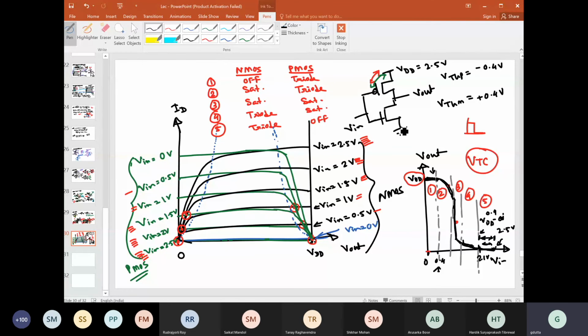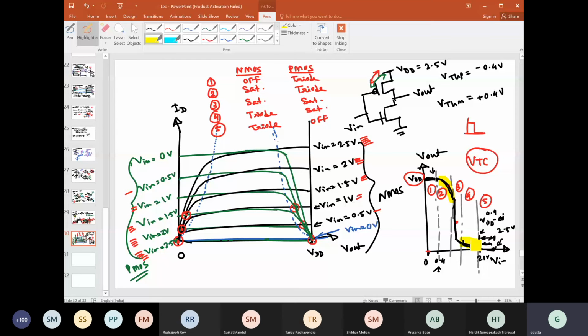But let us first consider these two regions. In these two regions, one transistor is in saturation and the other is in the triode region.